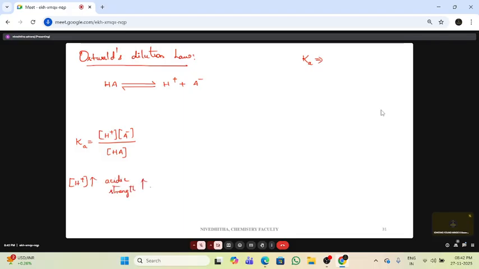Similarly, we can predict the acidic strength not only from the H plus ion concentration, we can also predict it using pH. We can also predict it using Ka values. For all the weak acids, we'll have Ka values, and from the Ka value also we can predict the strength of an acid. See how we can do that.